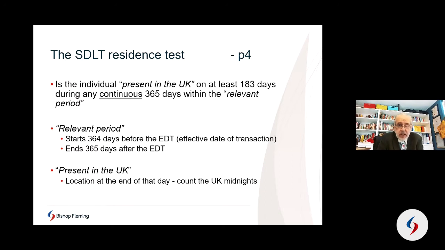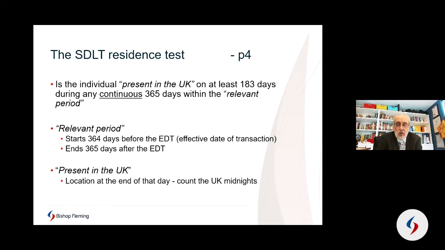And for stamp duty land tax, a person is resident if they are present in the UK on at least 183 days, that's 6 months, during any continuous 365 days within the relevant period. And the relevant period is a 2-year period starting 364 days before the effective date of the transaction and ending 365 days after it.